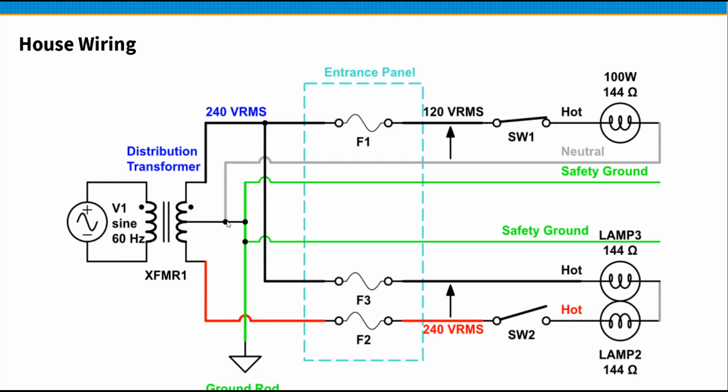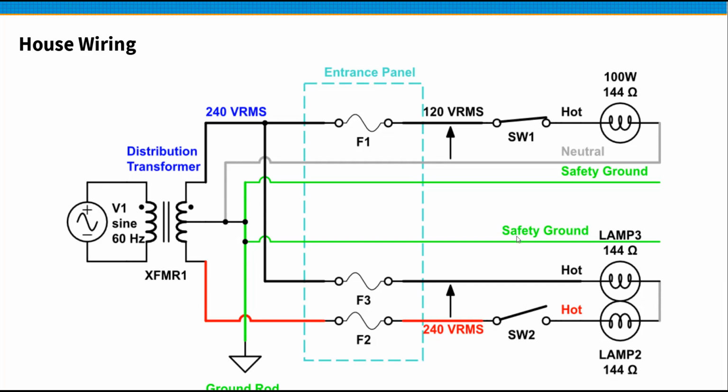As soon as that comes into your service panel, it goes to a ground rod outside the house. You also have what's called the safety ground that's connected to that neutral at that point only.